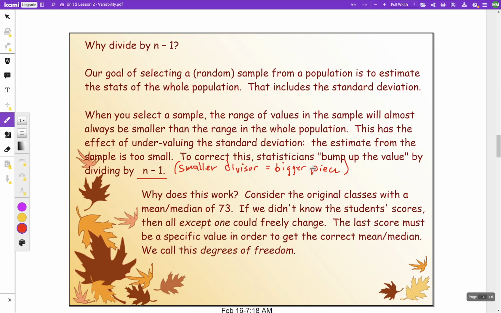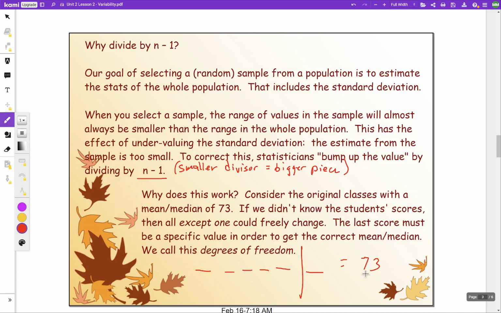If we know that the mean has to be 73, then the first 5 scores can be whatever, but that 6th score has to be the right number that causes everything to add up to exactly 73. You could have 5 people get 100, but then this person has to have a very particular score in order for that average to be exactly 73.